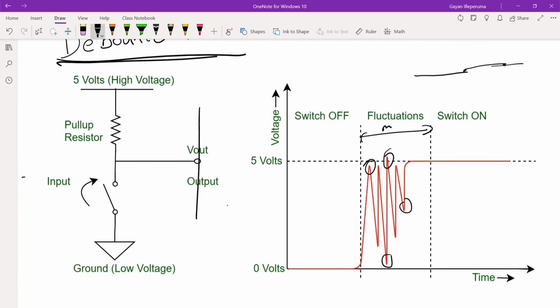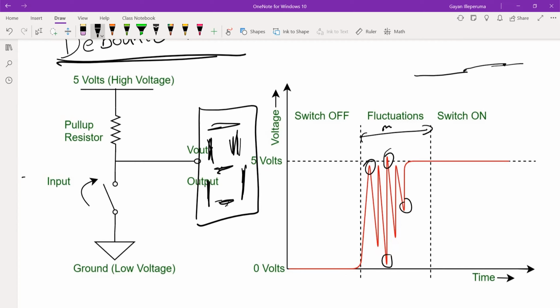Let's say you have a counter. You're at a hospital. When a doctor makes an appointment, there's a counter at the top of the doctor's room. So each time a patient goes into the room, this count is incremented by 1, right? They increment it by pushing a push button. Now debounce can happen to a push button as well.